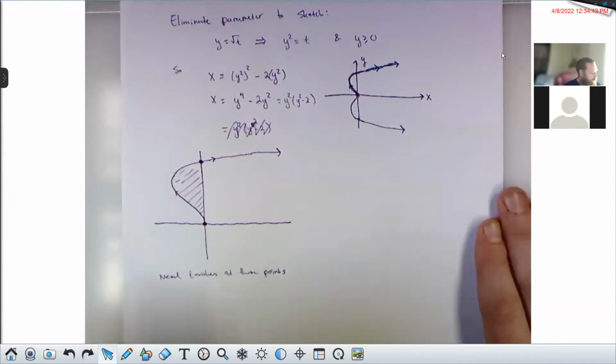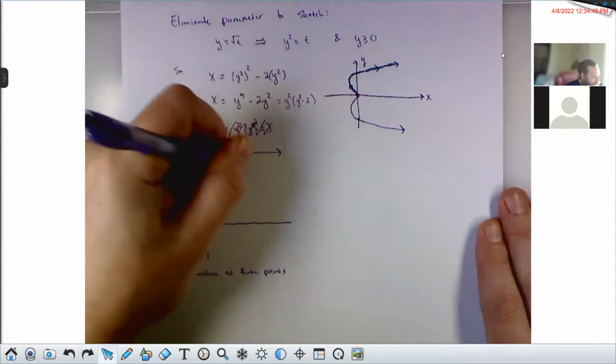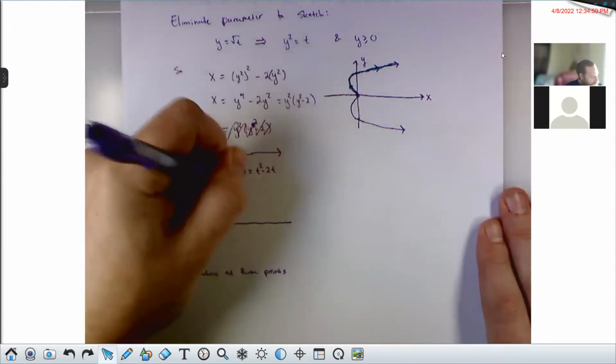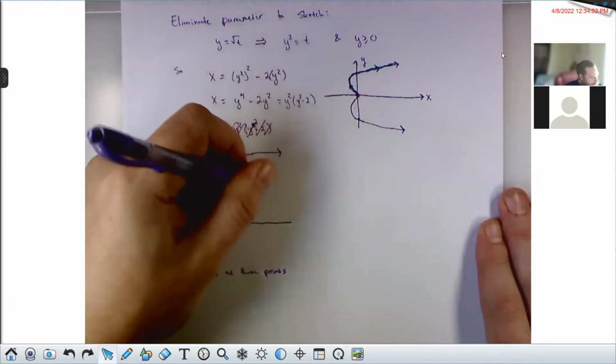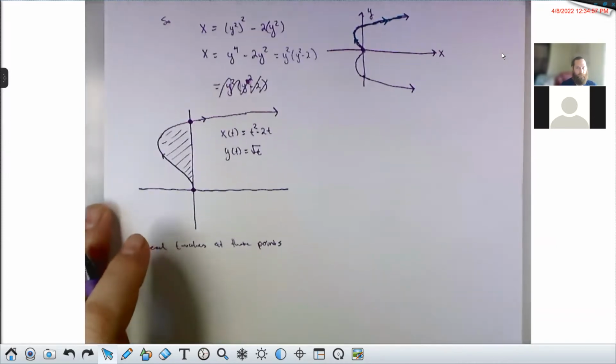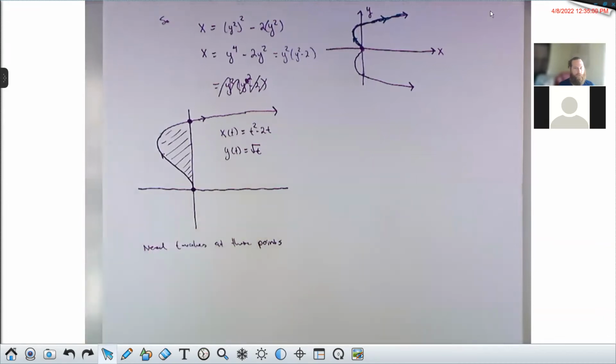In order to find that area, I'm going to set up the formula for the area bounded by the curve and the y-axis, but I need to know from where to where. How can I find the t-values at this point and this point? What equation would I solve?